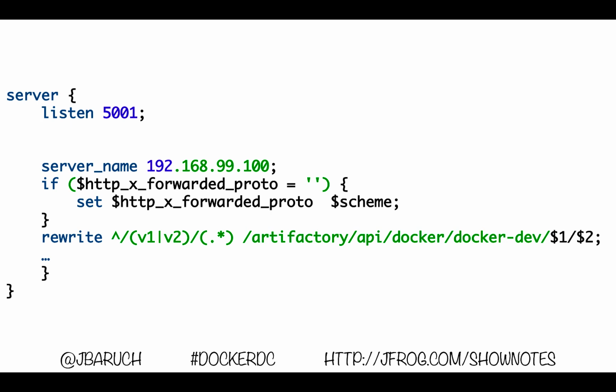And we will have the same for 5002 that will go to Docker staging, and the same for 5003 that will go to Docker prod. And this is how we have one physical host. This is one Artifactory instance, installed on one machine. It has the same file system that will deduplicate multiple layers and everything. But Docker thinks that we do have multiple physical registries on different hosts.